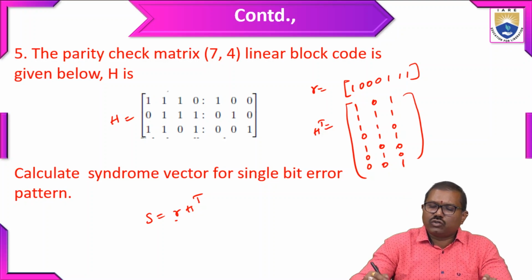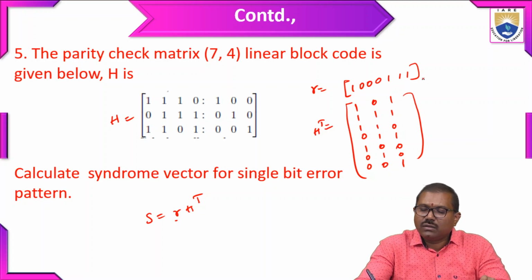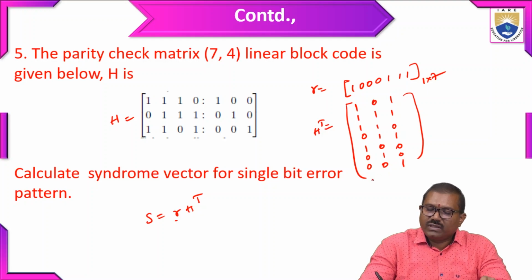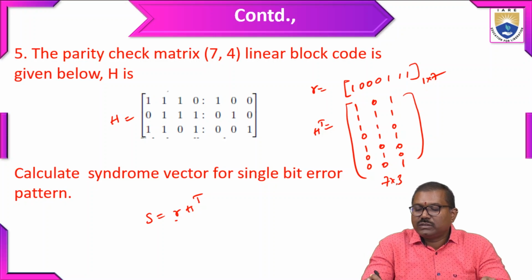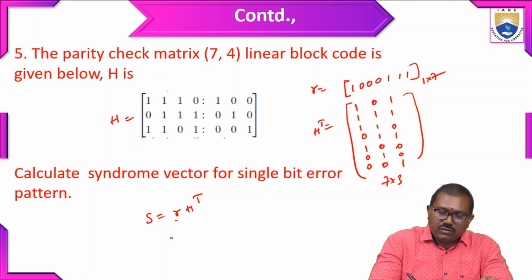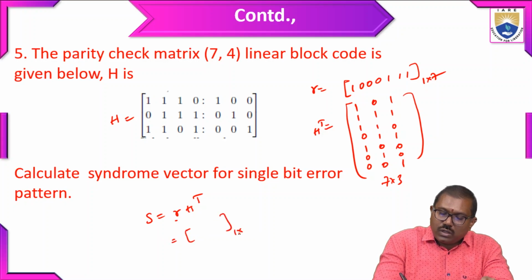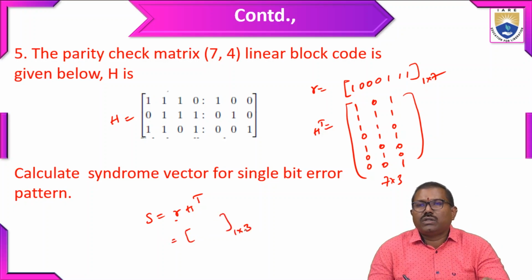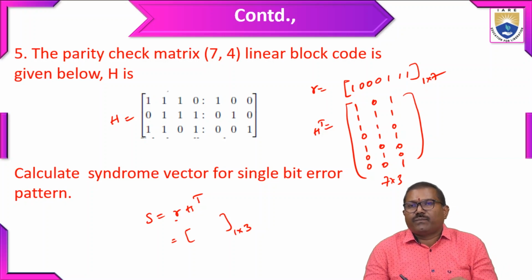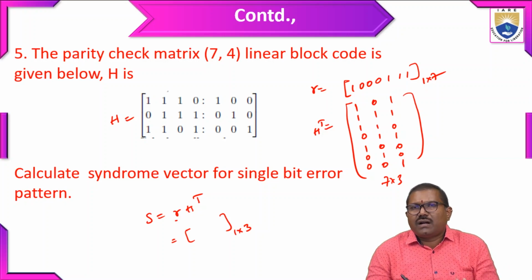Then I get the syndrome. So what is the size of this R? 1 by 7. This size is 7 by 3. So what do you get? My syndrome size is 1 by 3, only 1 by 3. Those 3 are the check bits, and here you can find where that error is located.